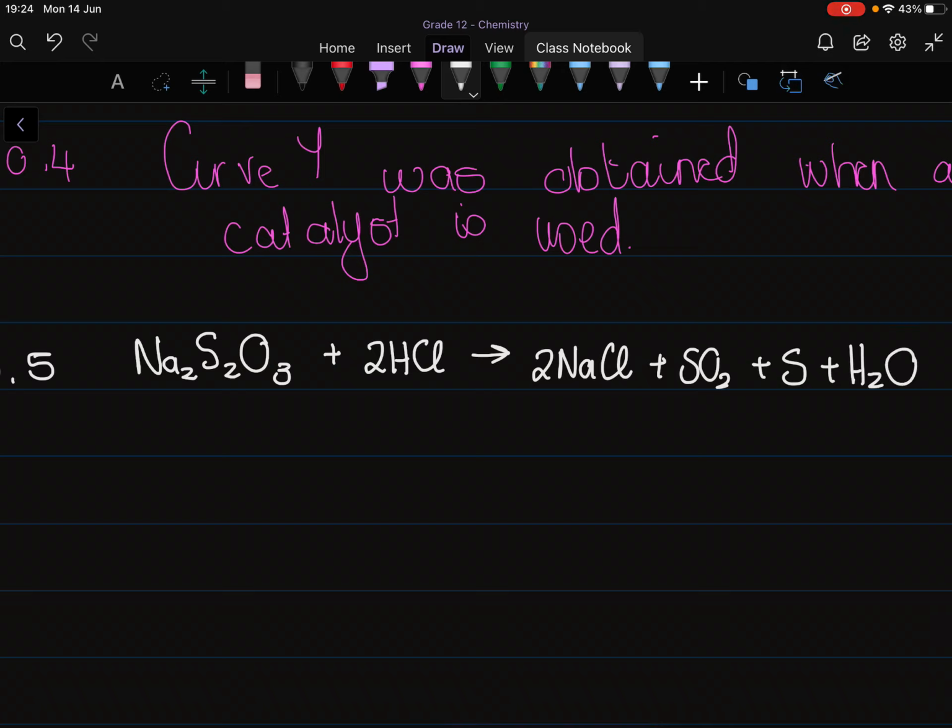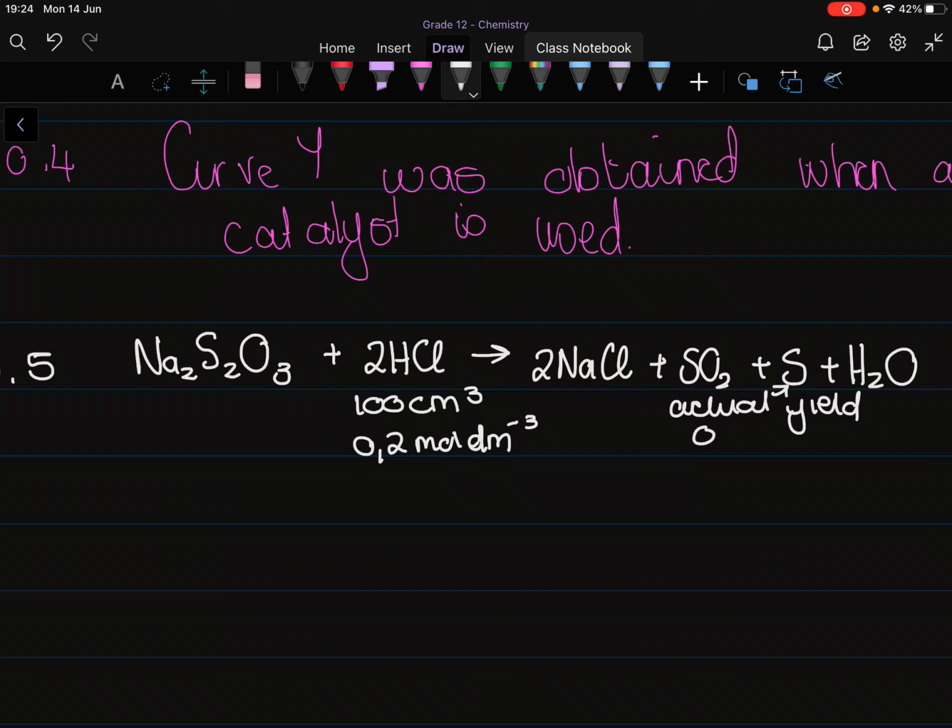In the question, they now say to me that I have 100 centimeters cubed, and I have 0.2 moles per decimeter cubed, and my actual yield of the sulfur was 0.18 grams. When we do this question, I'm going to ignore this value until the end.